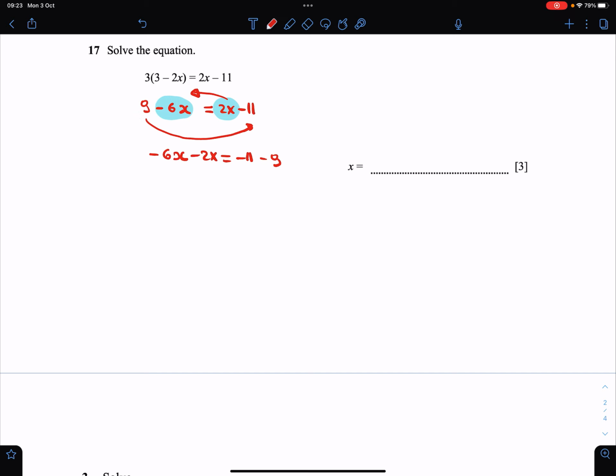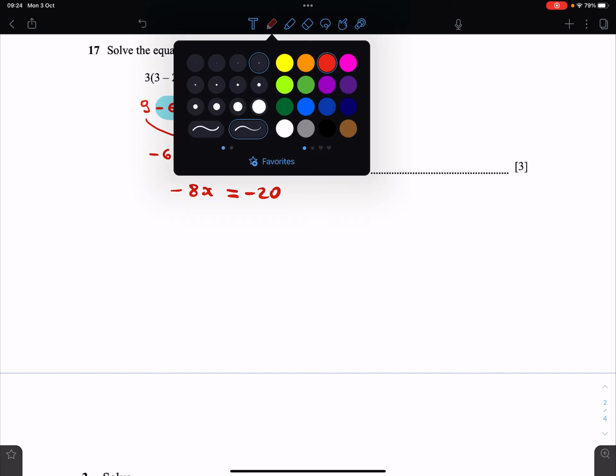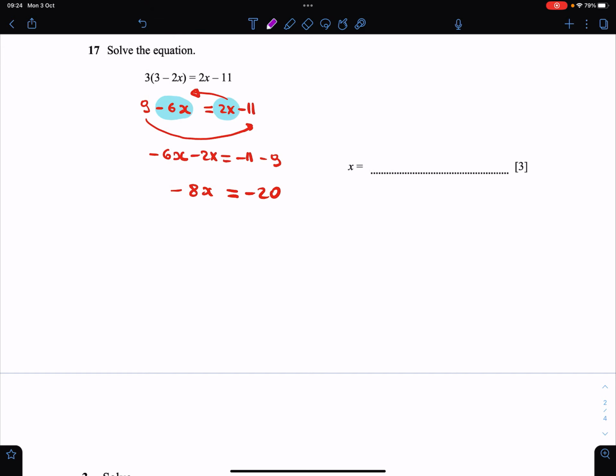Okay? So what is negative 6x minus 2x? Minus 8x. So what is negative 11 minus 9? Negative 20. So to find out the answer, guys, if I have negative on both sides, can you see that?